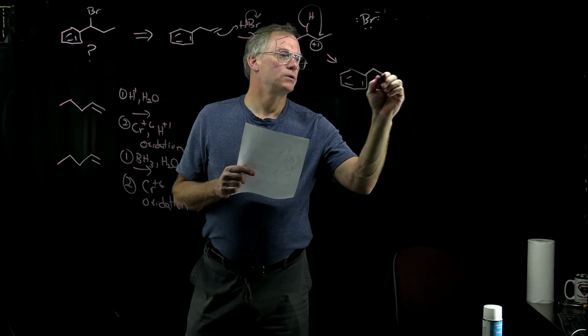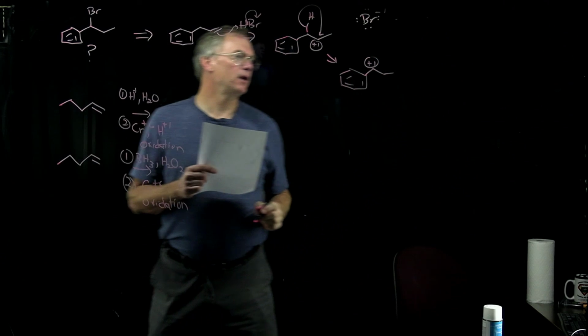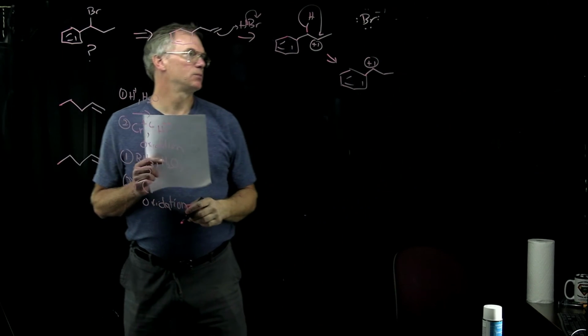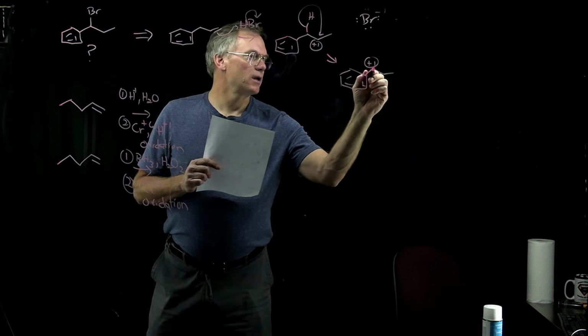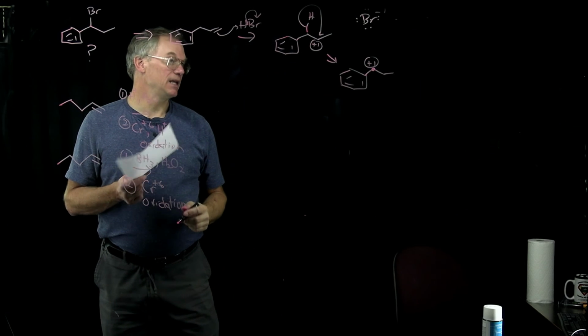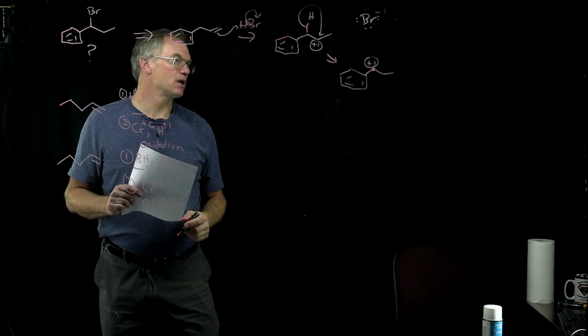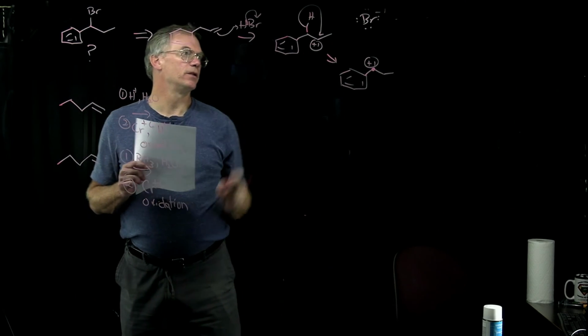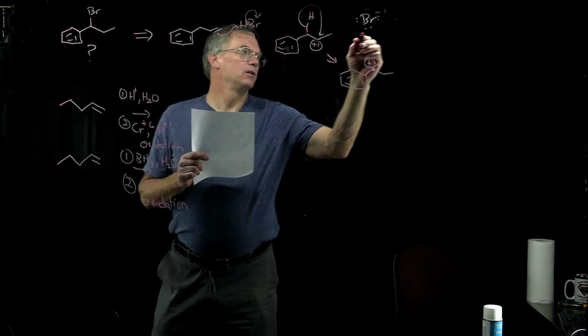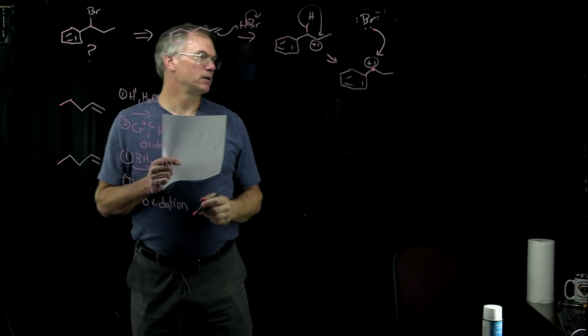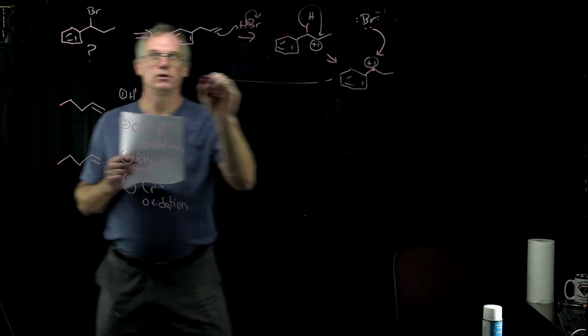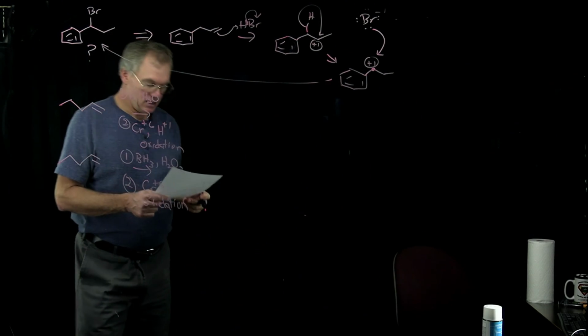We can produce that carbocation, and the reason that would happen is because this carbocation and that carbon specifically is benzylic and resonance stabilized and much more stable than that one. And then in the rebound step, the bromide could attack the carbocation, resulting in that halide.